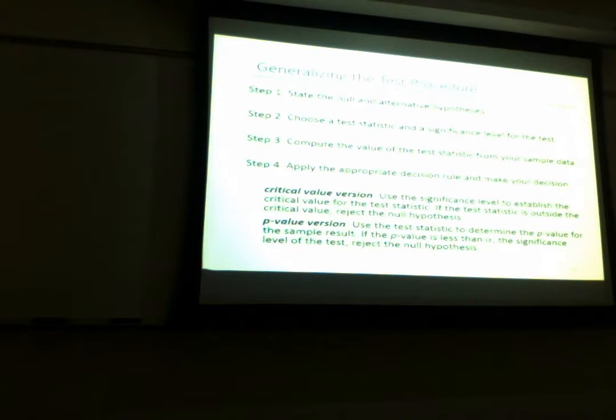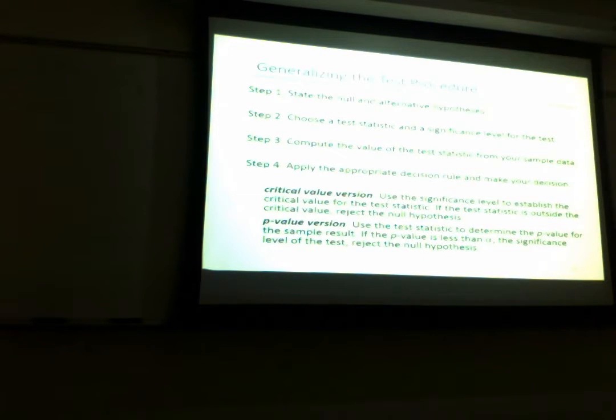And we talked about how the critical value version will give us the same answer as the p-value version. The critical value is this negative 1.96, positive 1.96, or it could be different depending on what our significance level is. The p-value is the exact probability, and if the p-value is less than the significance level, meaning it's more unlikely, then we reject as well.